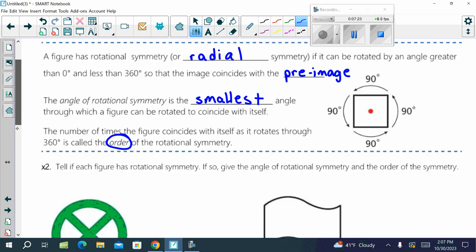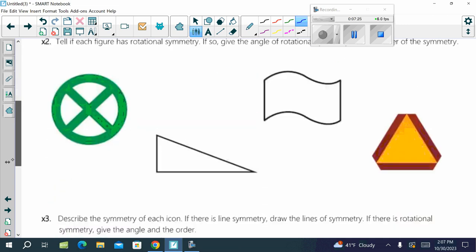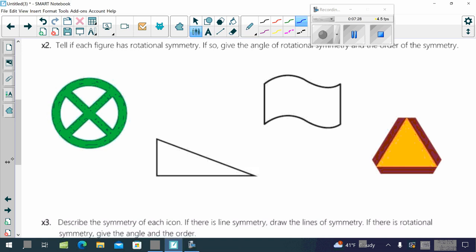All right. So we have some different figures here. It says, tell if each figure has rotational symmetry. If so, give the angle of rotation of symmetry and the order of symmetry. So this green X, does it have rotation? Can it rotate less than 360 and look identical? Yes. How many times does it rotate? 4. It rotates and looks the same 4 times, right? So that means order is 4.